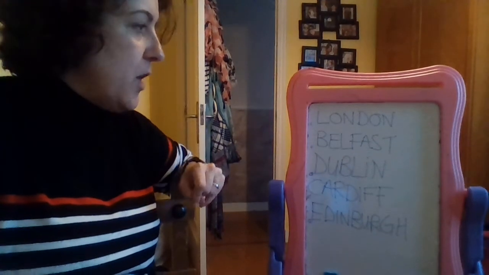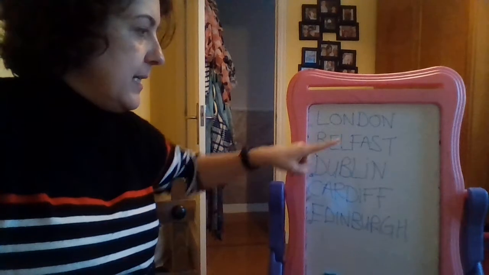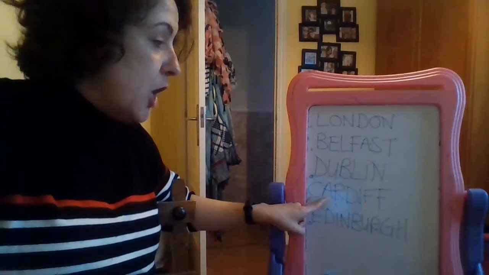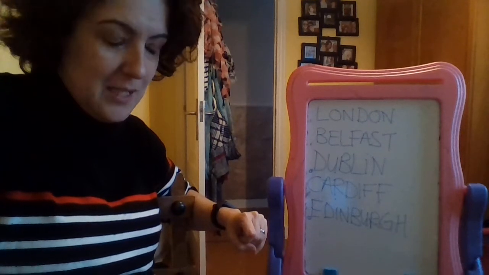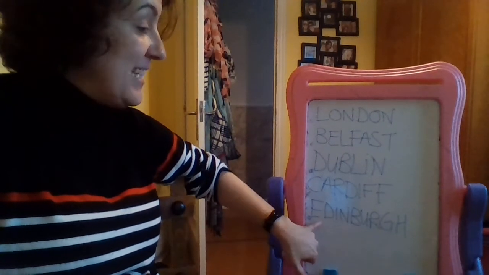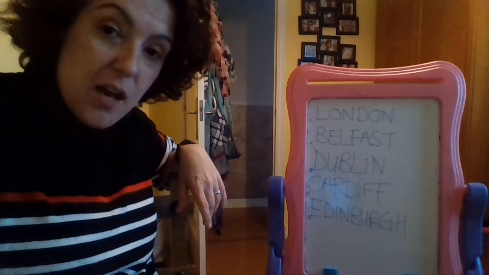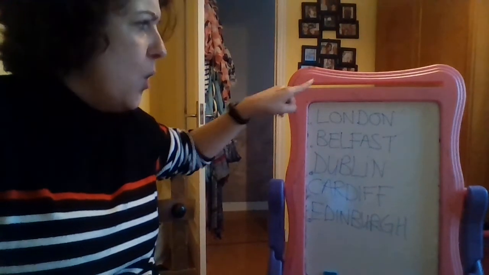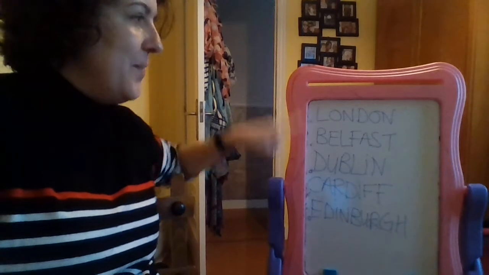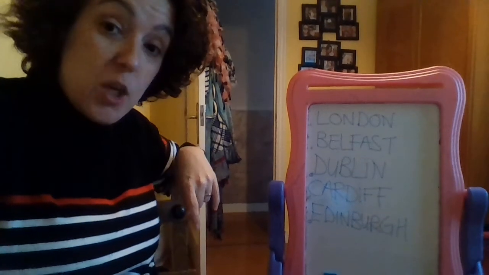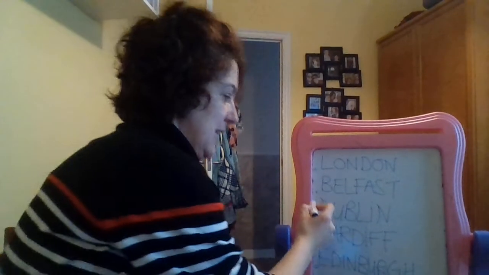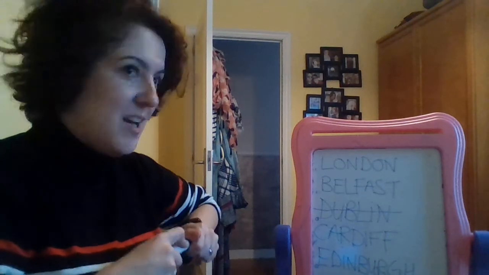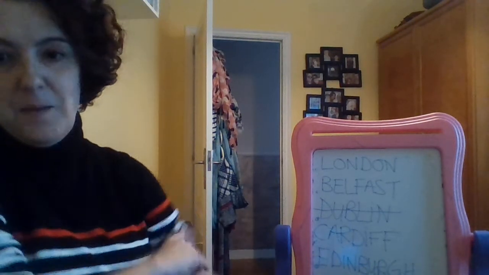Belfast is Northern Ireland. Dublin is Ireland. Cardiff is the capital of Wales, if you remember. And Edinburgh is the capital of Scotland. Which capital city is not in the UK? Dublin. Okay, Dublin is not a part of the UK.